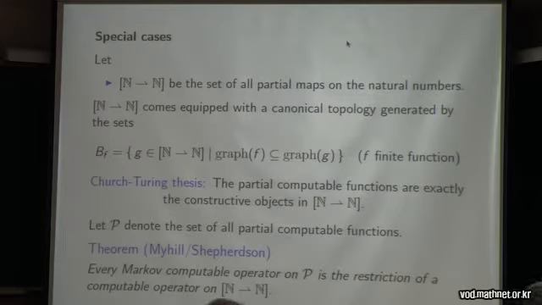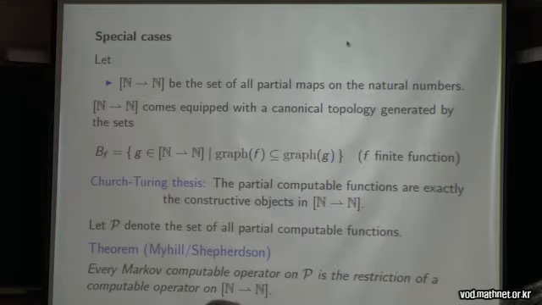For any such finite function f, you take all those partial functions the graph of which is a superset of the graph of f, and the collection of all these sets is a basis of a topology. That is the canonical topology on the set of all partial maps.